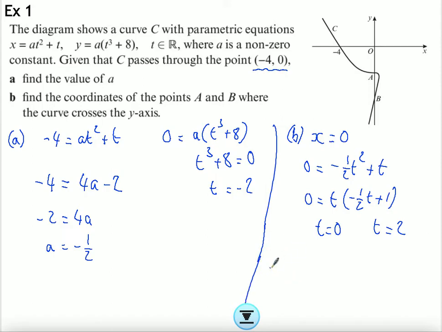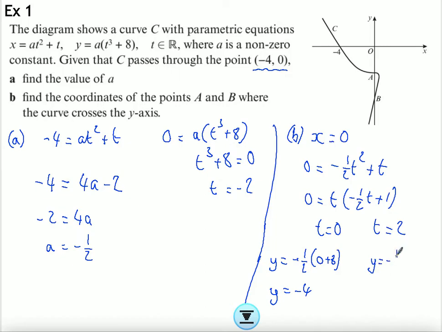So what happens when t is equal to 0? We get -1/2 lots of 0 add 8, so y is equal to -4. And what happens when t is 2?